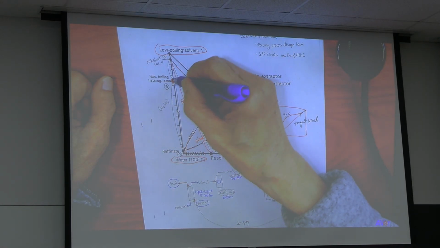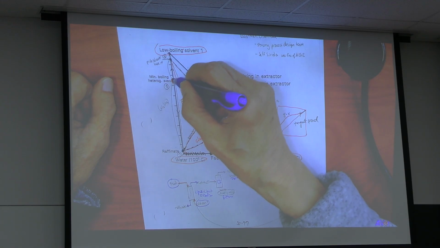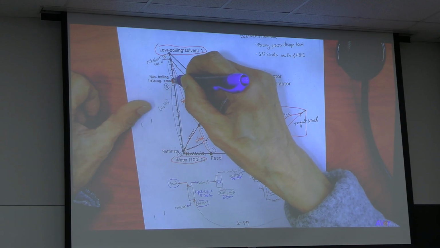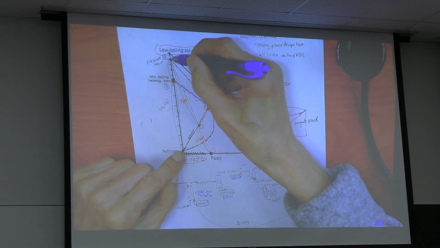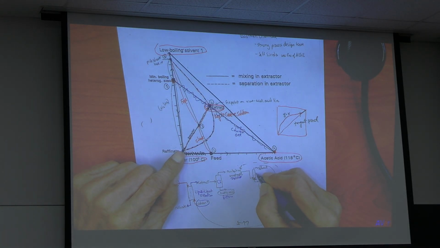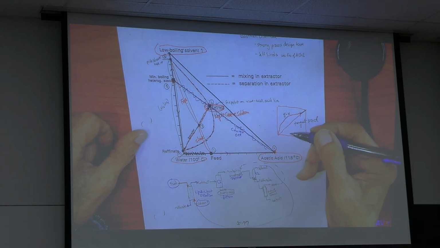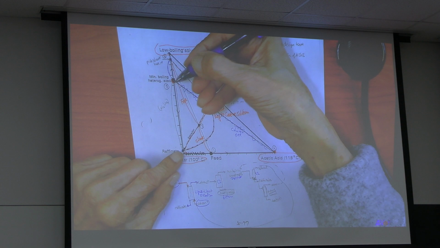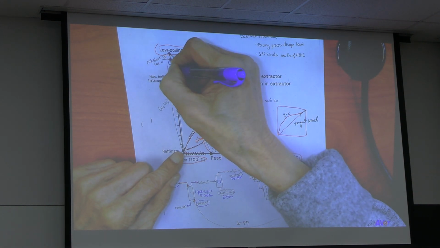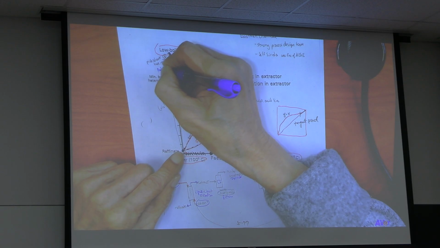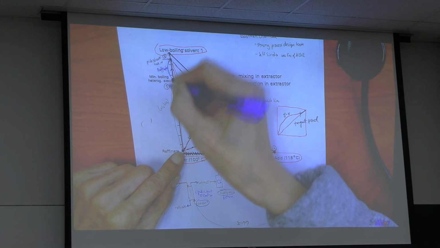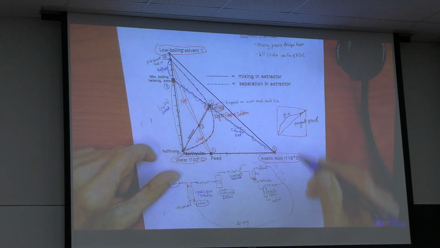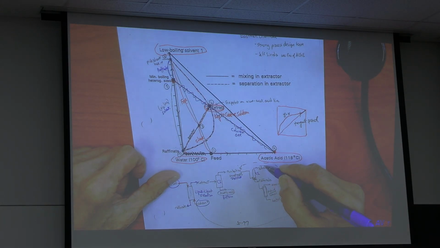Now, when there's an azeotrope, what do you do? Here's a column. Column 2. In Column 2, this line is raffinate. This line is solvent. Raffinate, solvent.